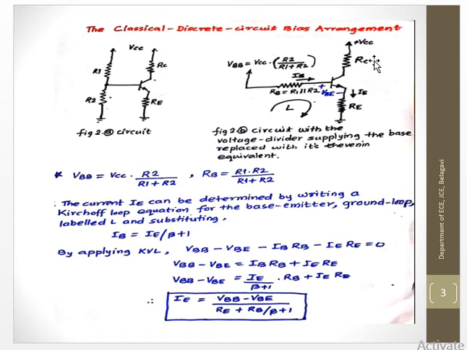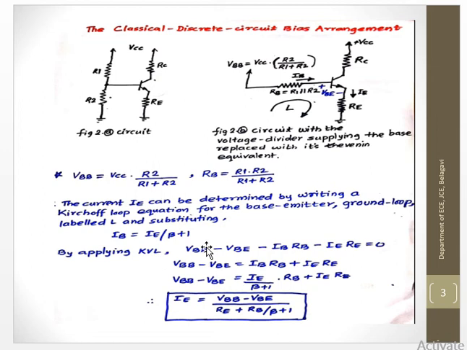So IB plus beta times IB we can write as 1 plus beta times IB. That 1 plus beta times IB is flowing through the emitter terminal. So IE is beta plus 1 times IB, or IB can be written as IE divided by beta plus 1.